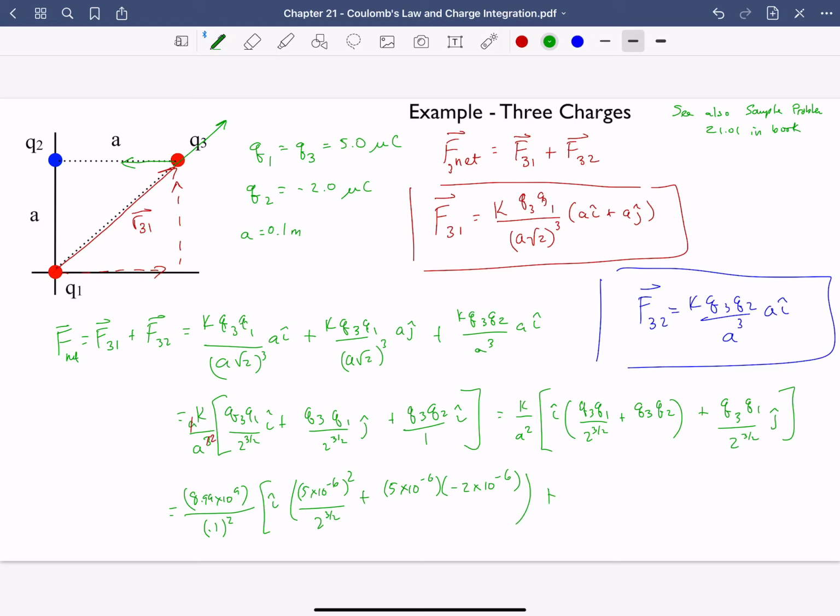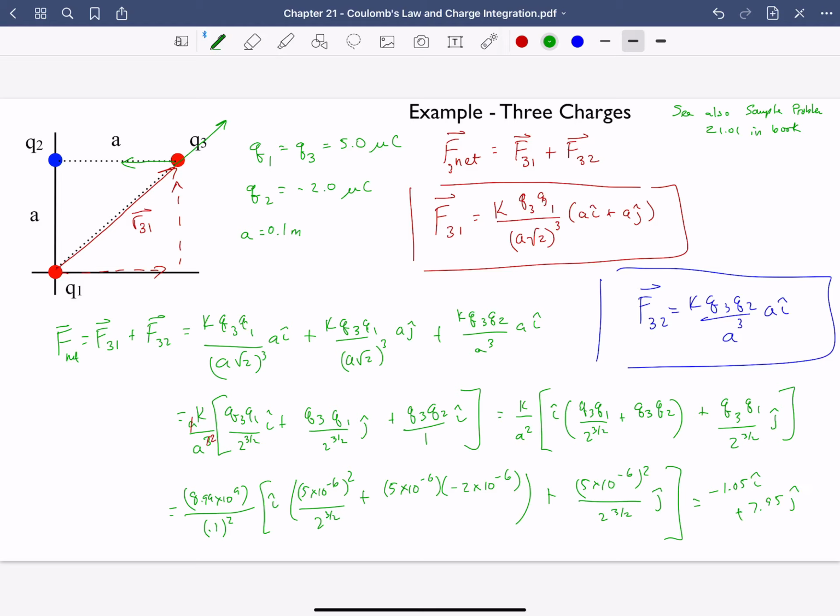And then again, I have Q3, Q1, which is going to be 5 times 10 to the minus 6 squared over 2 to the 3 halves, J hat. And lucky me, I've run out of room here. But if I can squeeze it in, what I got when I put all these things into my calculator is negative 1.05 I hat plus 7.95 J hat.